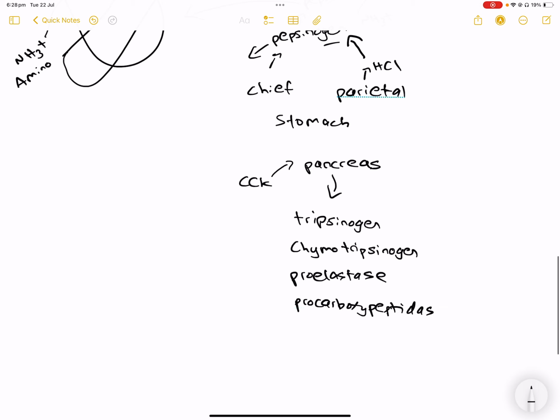And you're going to be wondering, okay, they have GEN, some of these, because they're inactive. We've got to activate them first. So we've got another cell on the small intestine in the mucosal lining that releases something called enterokinase. Okay, kinase, phosphorylation, right? Anything with kinase, it plays with the phosphate group, PO4 3 minus. Right?